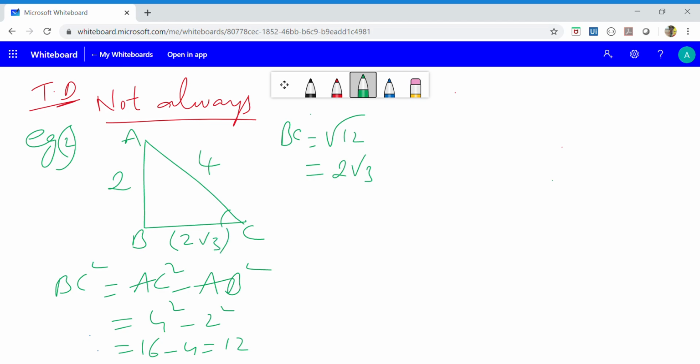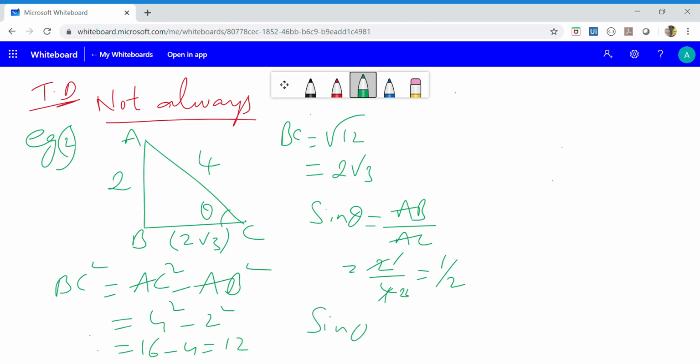Then consider theta. What is sine theta? Sine theta is opposite side AB by hypotenuse AC. AB is 2 by AC is 4, so 1 by 2. When do you get 1 by 2 in sine? Sine 30.